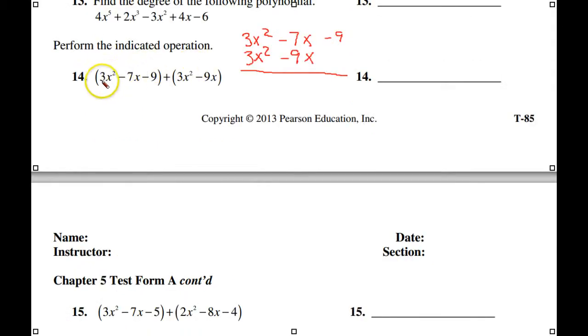So here they're asking us to combine like terms. And we could do it horizontally. And since it's plus, by the way, you can just take away the parentheses.